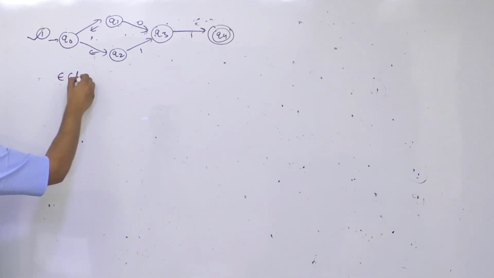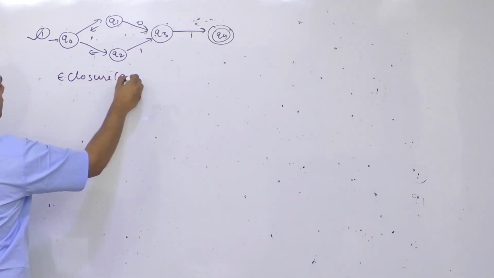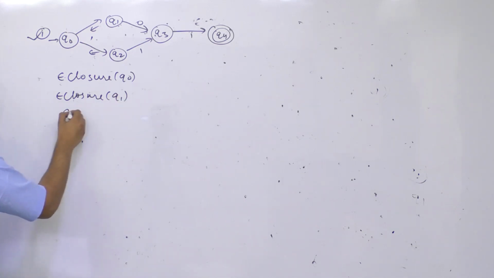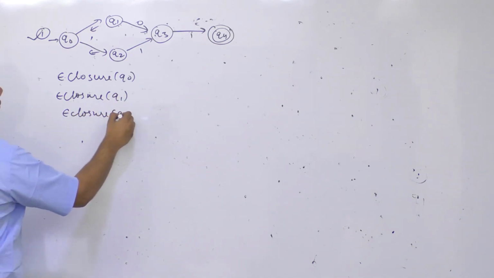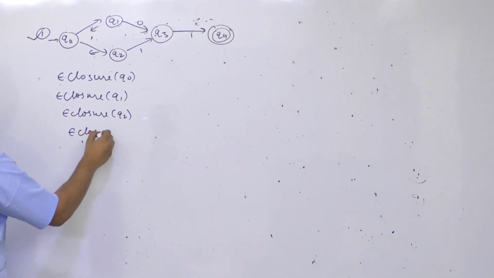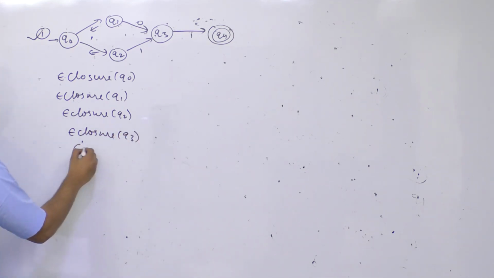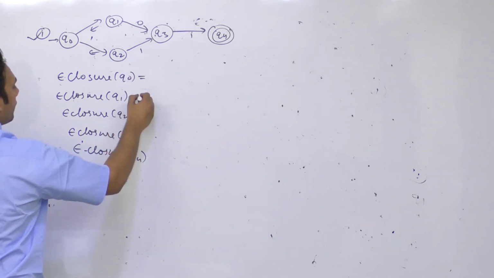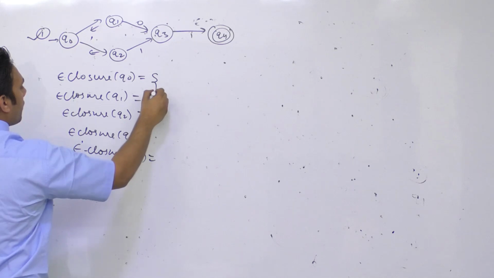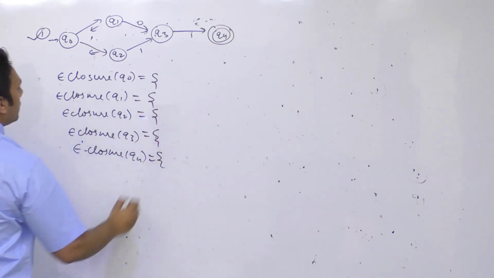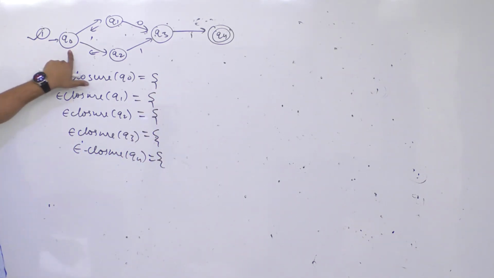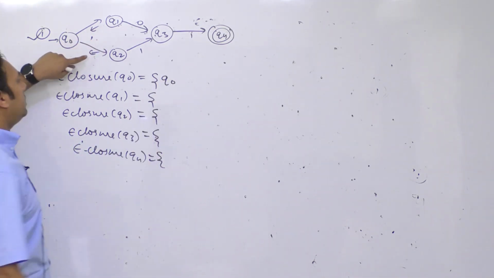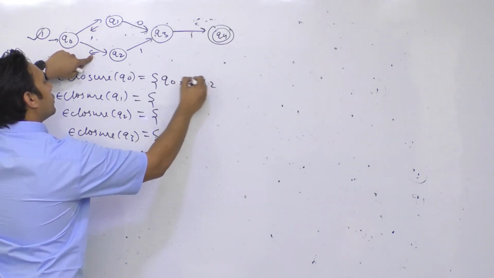We have to find the epsilon closure of the state Q0, again the epsilon closure of the state Q1, again the epsilon closure of the state Q2, the epsilon closure of the state Q3, and again the epsilon closure of the state Q4. Okay. For Q0, if you are looking at the epsilon symbol, you can go to Q0, as well as by looking at epsilon you can go to Q1, you can also go to Q2.